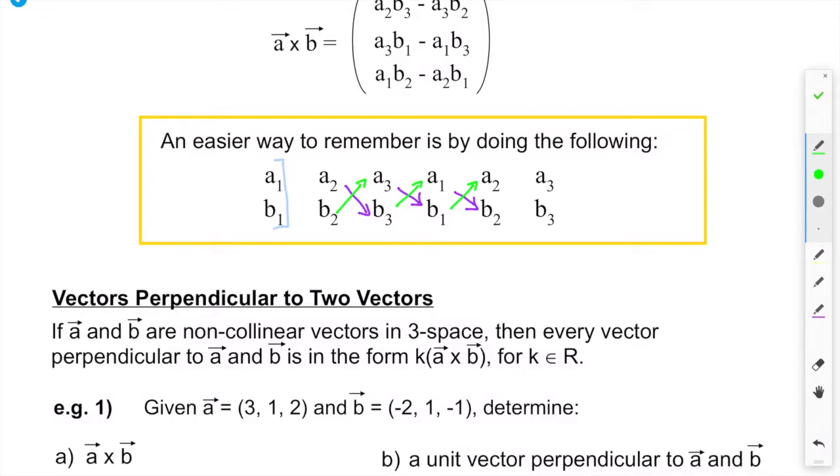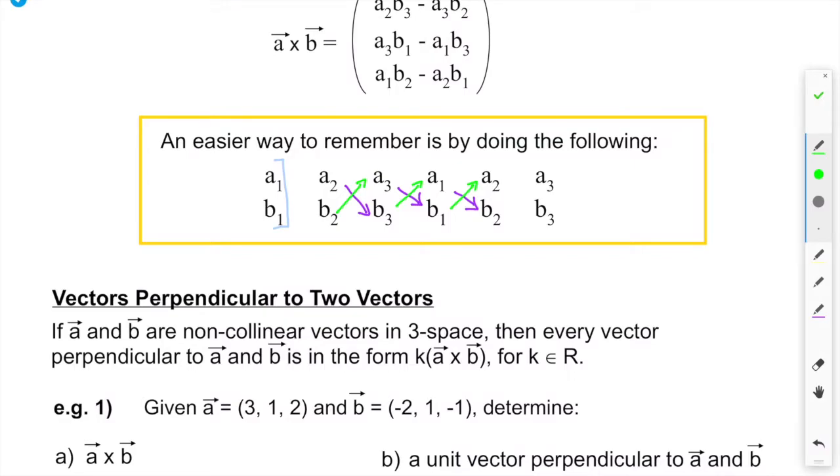Those of you who might have watched some YouTube videos or have learned vector cross products before may have another method using determinants. I may record a section at the end as a bonus. Okay, you can use that method too.